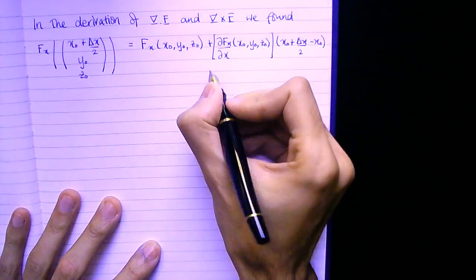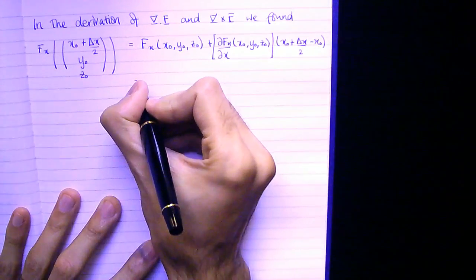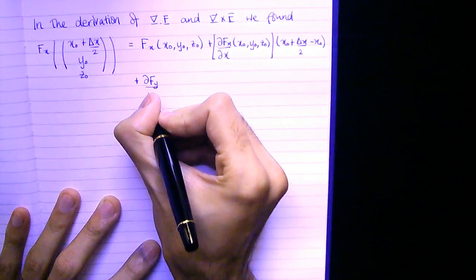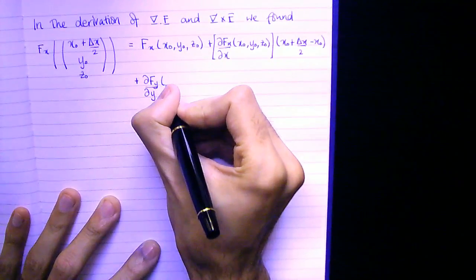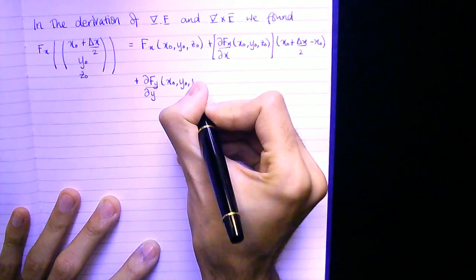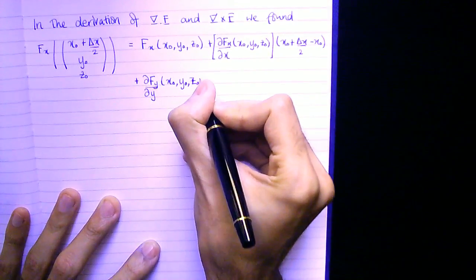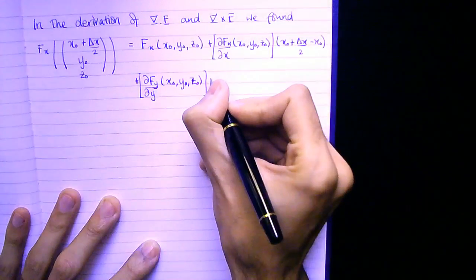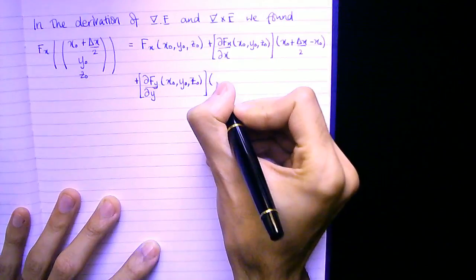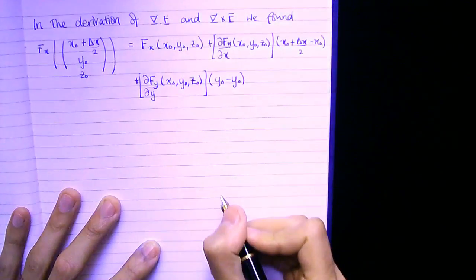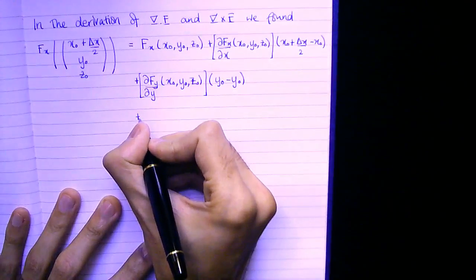Then I'm going to have a similar thing for y. And here I'll have y0 minus y0. And I'll have a similar thing for z.